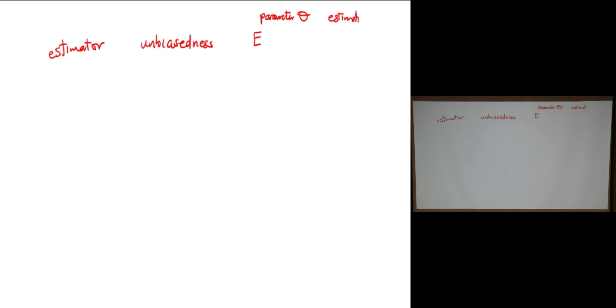Okay, so we start talking about how to estimate a parameter of a given distribution. Estimators: there are two properties about estimators that we would like to look at. One is unbiasedness. We have a parameter, theta, and we have an estimator, theta hat.